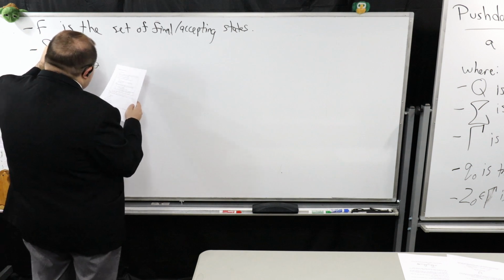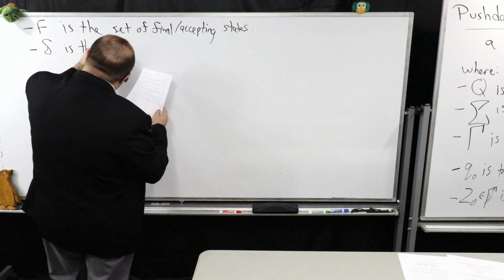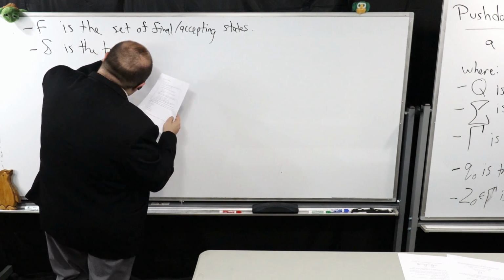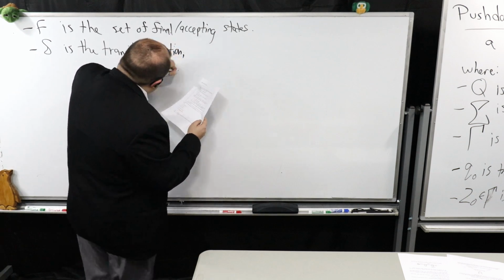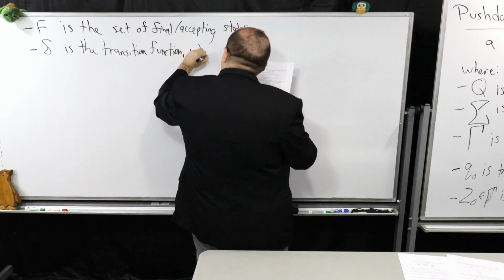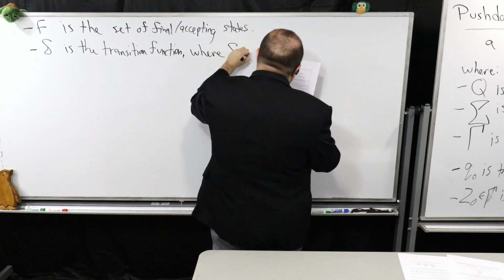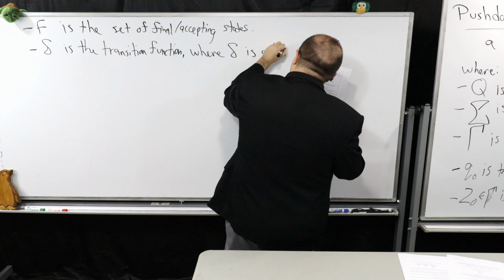So delta is the transition function. Where delta is a triple. So now it's a triple.